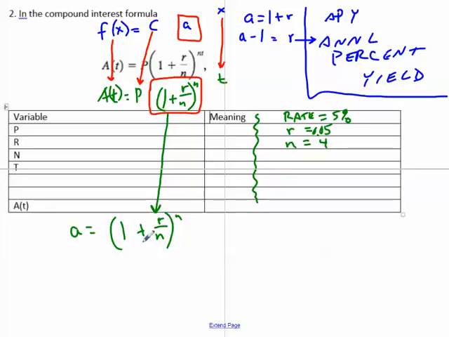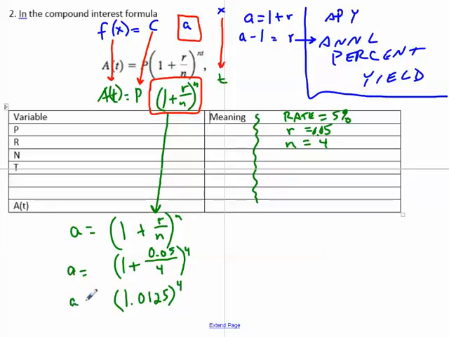Let's plug in the numbers here. A equals 1 plus 0.05 over 4, to the 4th power. And now all I do here is calculate. I would start by calculating 0.05 divided by 4, add 1, and I'll get 1.0125 to the 4th power.